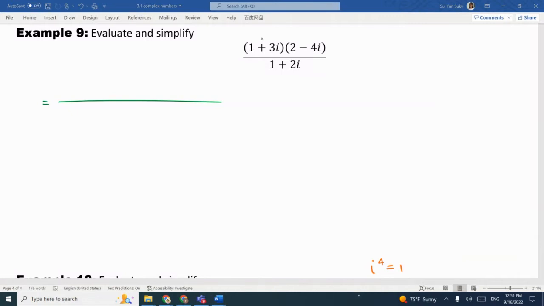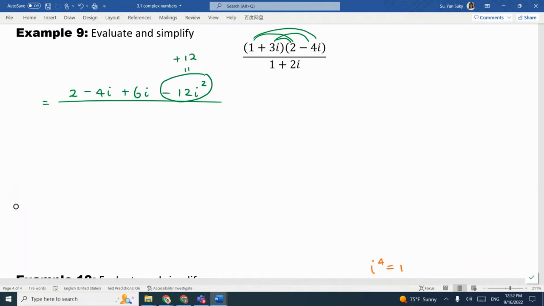The numerator: 1 times 2 is 2. 1 times negative 4i, negative 4i. 3i times 2, 6i. 3i times negative 4i, minus 12i squared. Is that okay, everybody? And remember that i squared equals negative 1.